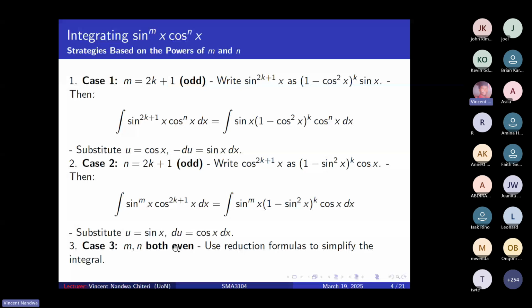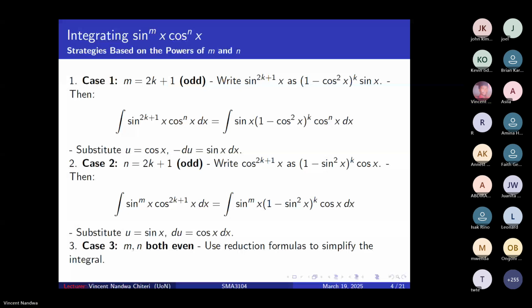So before we go to example 2, what you should see from these 3 different cases when you are dealing with the integral of sine power m times cosine power n is that when any of the powers is an odd number, you recall the identity cos squared plus sine squared equals 1 is the one that is going to help you transform your integrand into a form which is easier to evaluate.